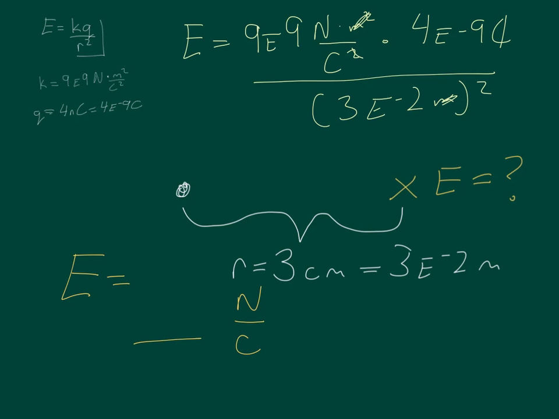For the actual value, we're going to use a calculator. And I didn't even mean to do this, but it turns out that it's 40,000 newtons per coulomb. That works out really nicely. You could, of course, say that it's 40 kilonewtons per coulomb if you really want to. And we'll just stick with 40,000 newtons per coulomb. That would be our answer.